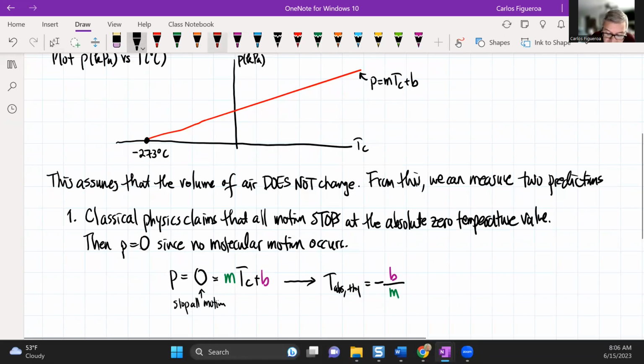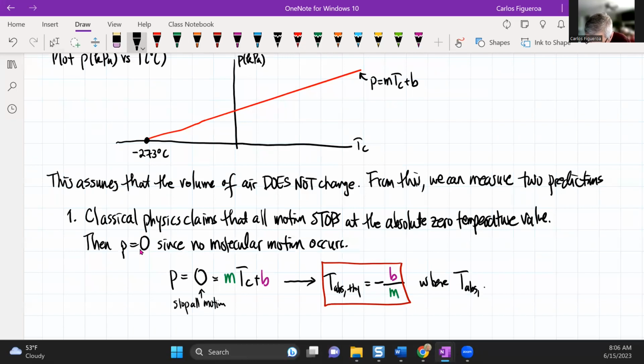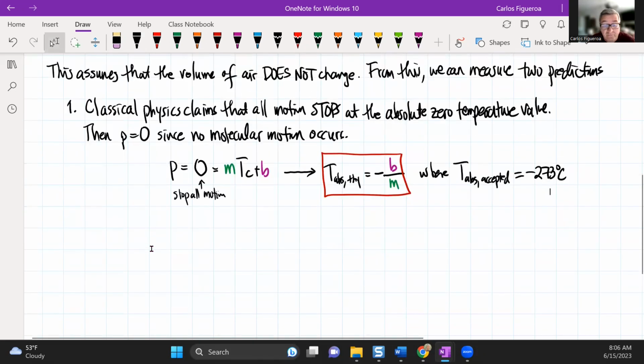That's what this is claiming right here. So that's one of our predictions from this line, where T absolute accepted is minus 273 degrees Celsius. That's what we want to compare this to.